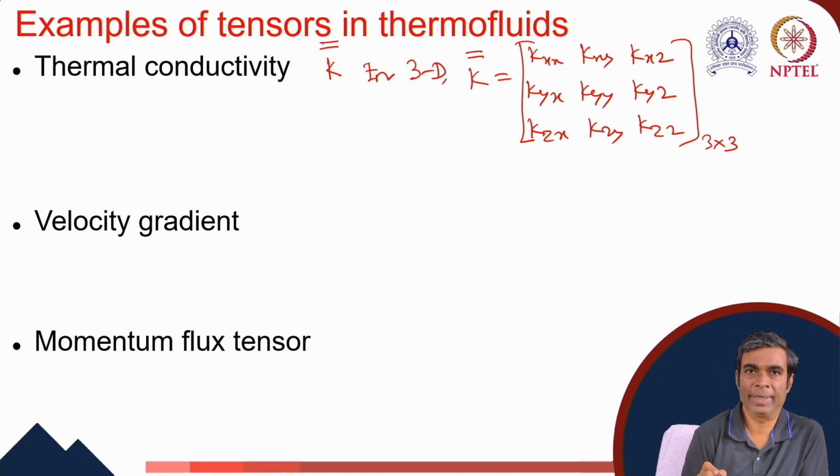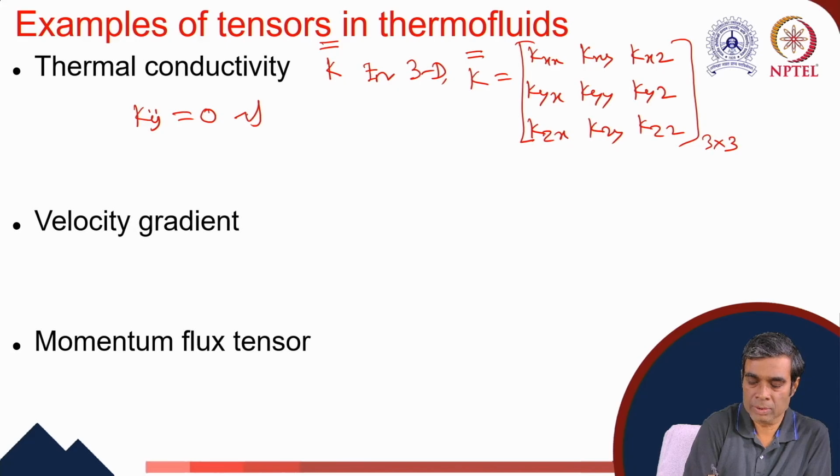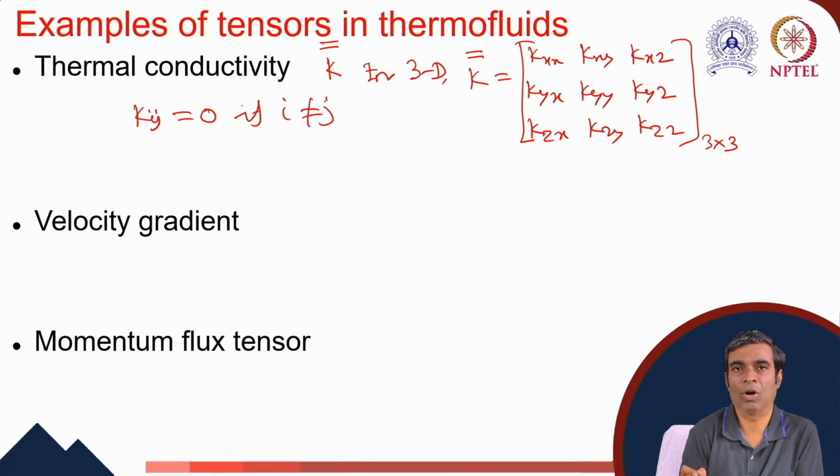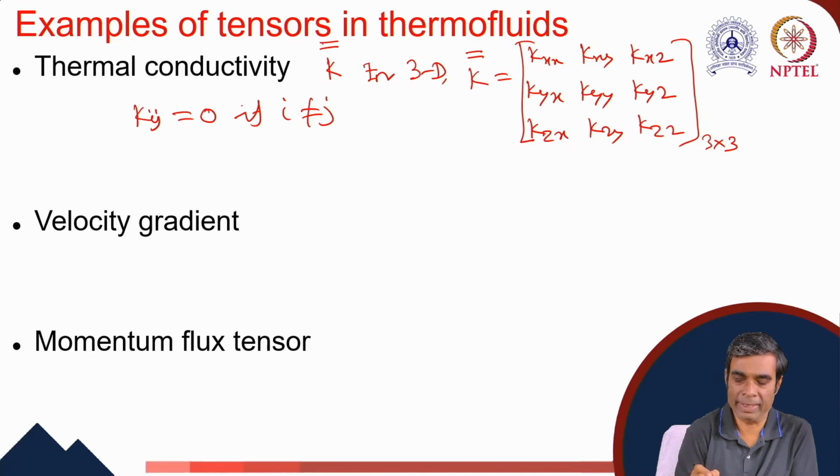Now, if the material is homogeneous and isotropic, then for isotropic material, we define that Kij equals 0 if i not equals j. It means that the off-diagonal components of this thermal conductivity tensor vanish for the isotropic material.